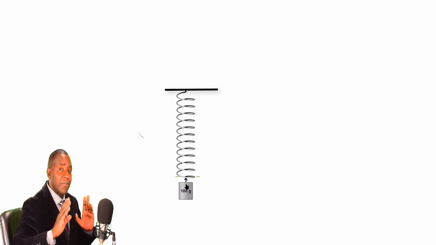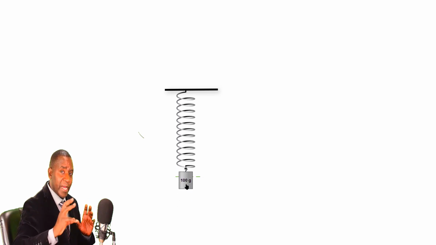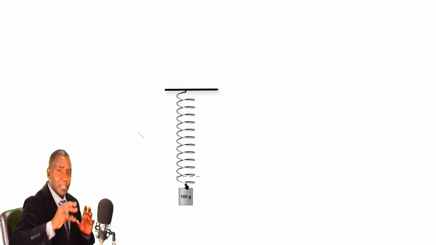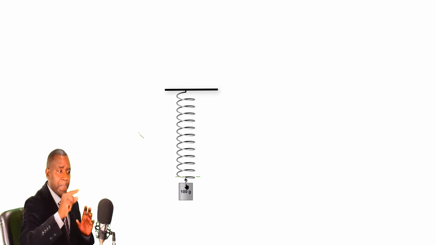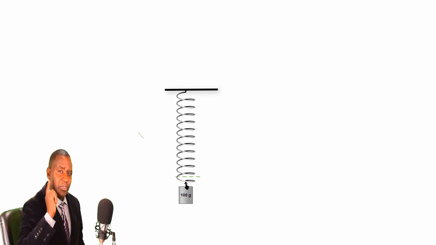And again, you can see all these systems have got particles which are moving. It's either the mass of the simple pendulum, the mass on a spring, or the end of the rope which is moving to and fro about an equilibrium position. So that maximum displacement of the particle from its equilibrium position is called amplitude.